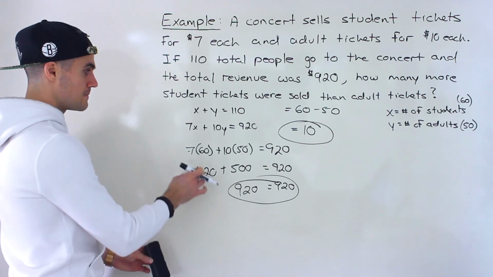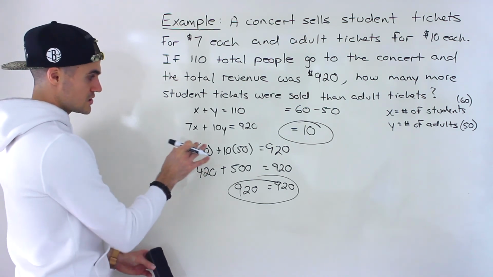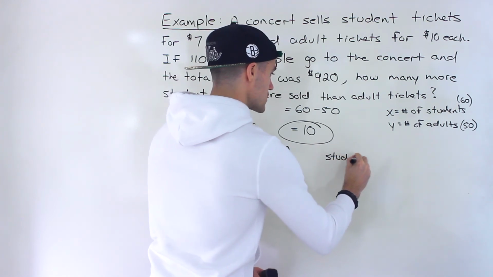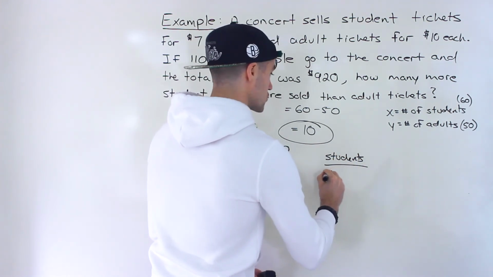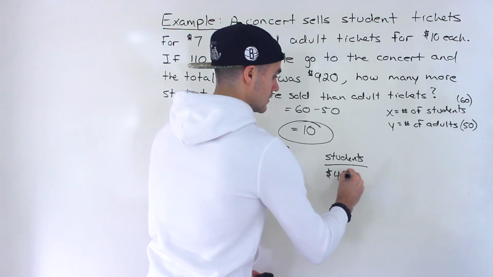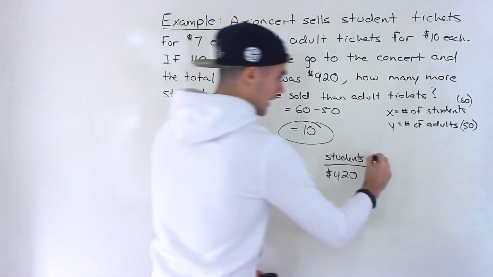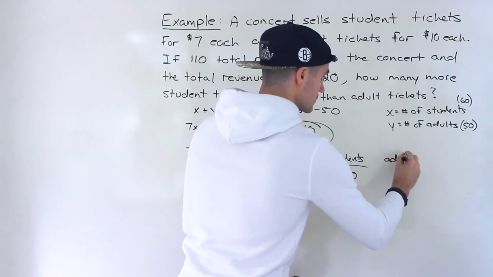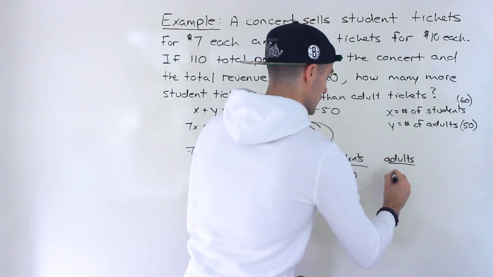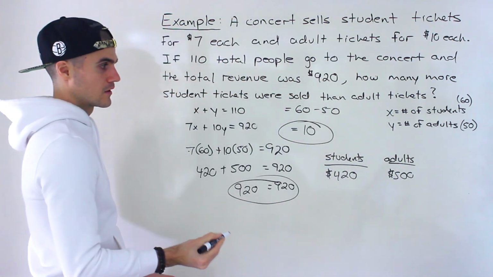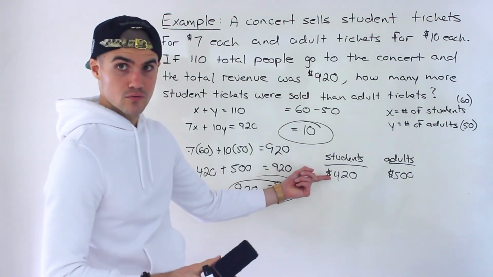Sometimes they may even ask stuff about the revenue. Okay, so notice that from the students, how much revenue was made from the students? 420, right? This number over here, 7 times 60. How much revenue from the adults was made? 500. And then adding both of them is 920. So they may ask for these revenue figures.